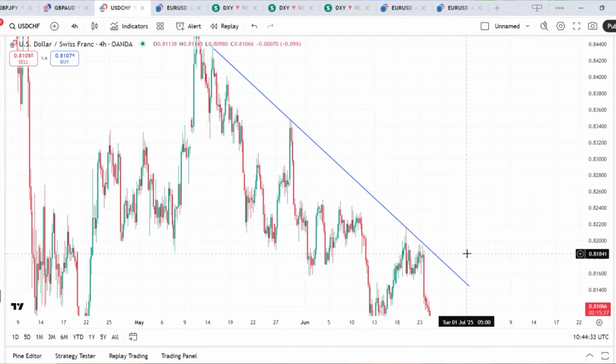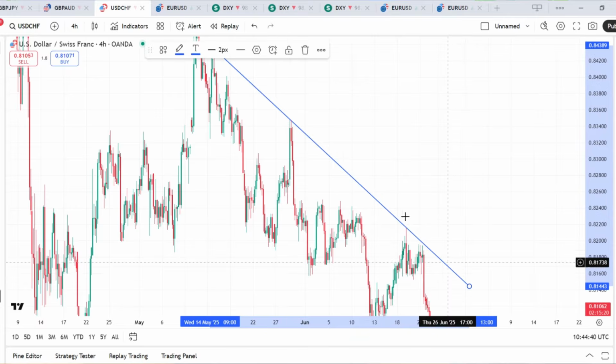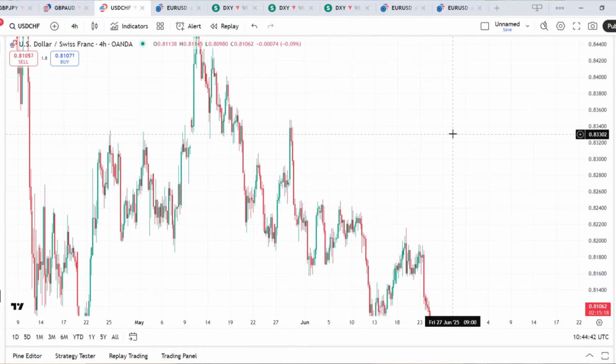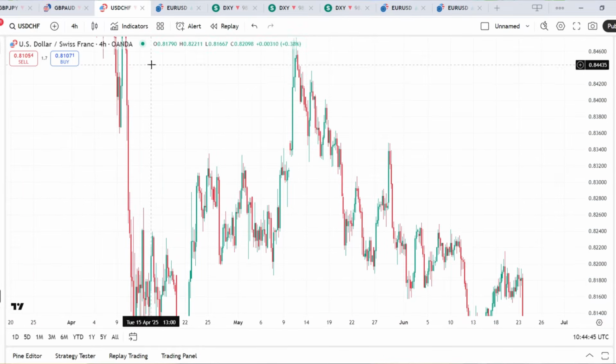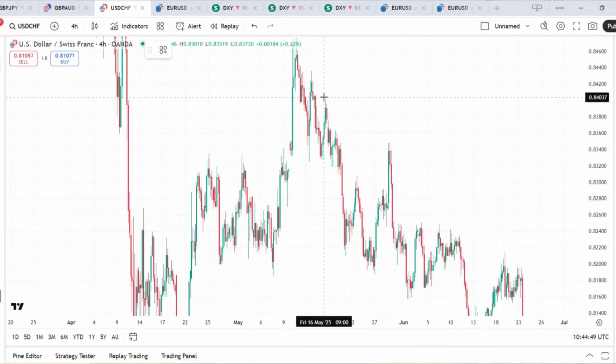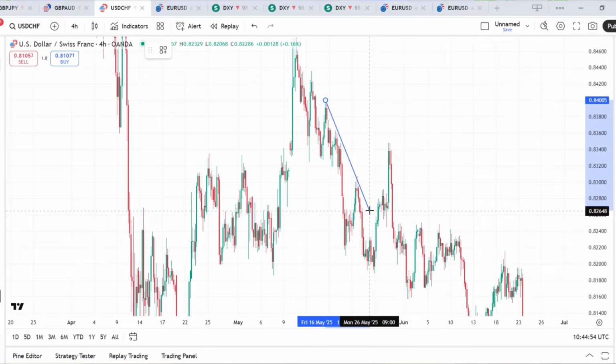So you don't just pick any zone, right? You could have said, let's say, this is your trend line. I'm just giving an example. You pick this here, and you draw it like this, right?